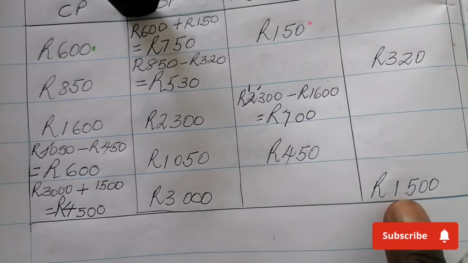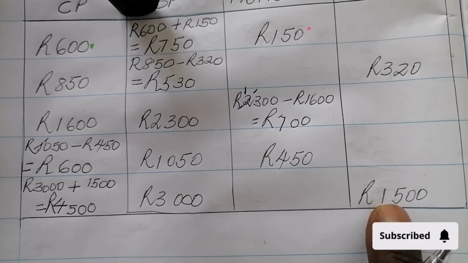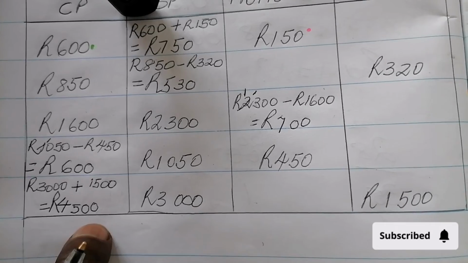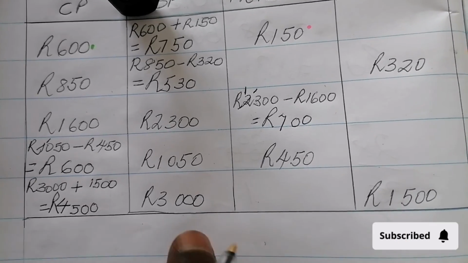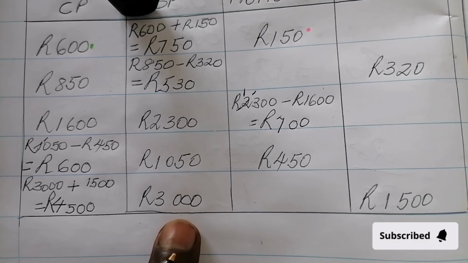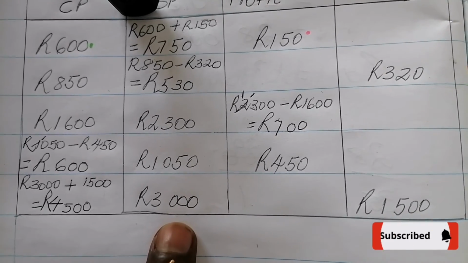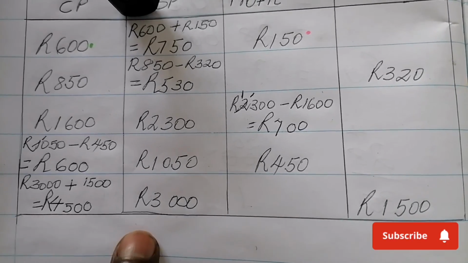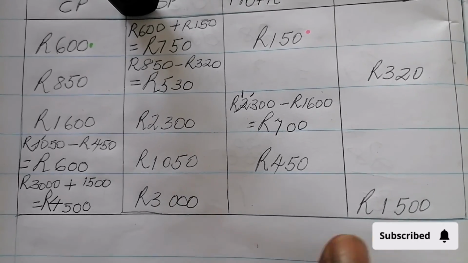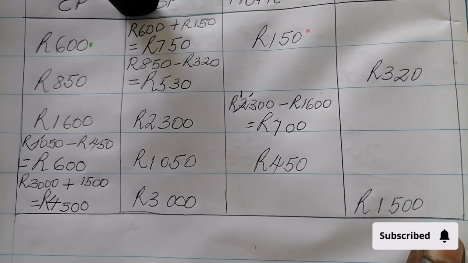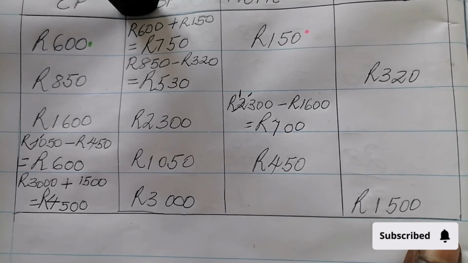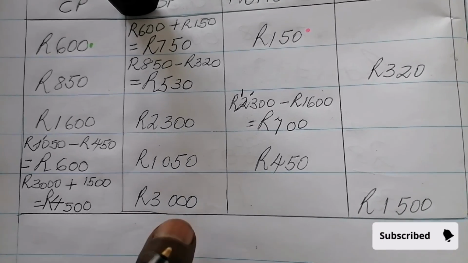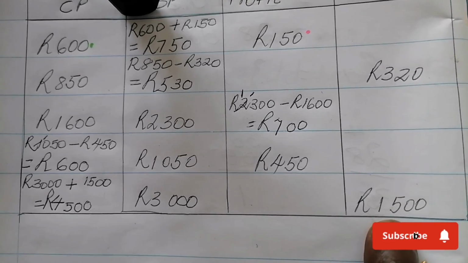So the loss is 1,500. If we've got the cost price of 4,500 and then we sold the goods with 3,000 rands, it means that we've made a loss. We sold the goods at a loss. So 4,500 less 3,000 rand is equal to 1,500.